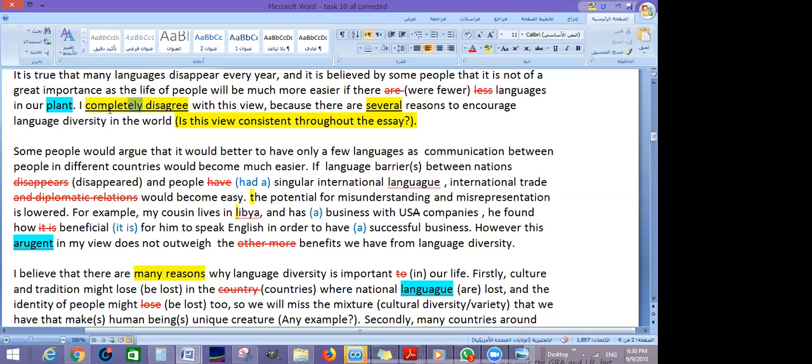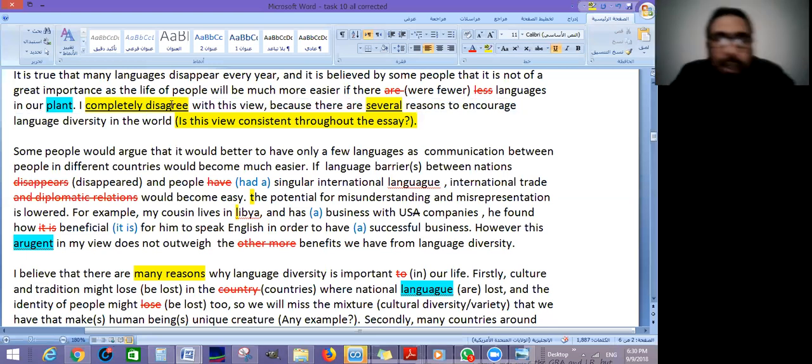It could be like language diversity is more beneficial than communication. Has more benefits than. Okay. This is my idea. It's not related to language, so maybe you might have a better idea than me.